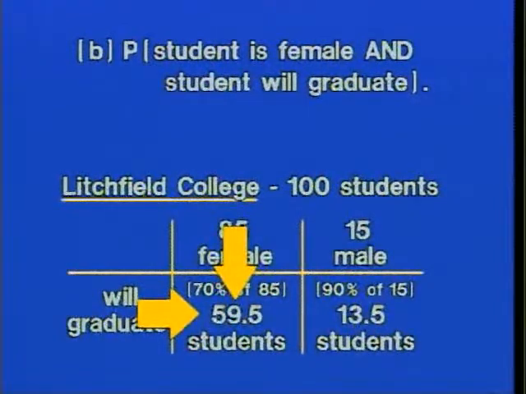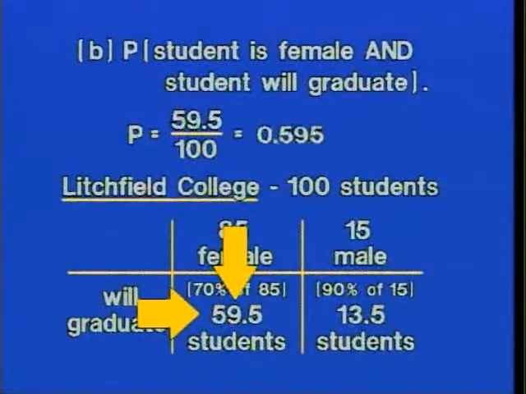And calculating the probability number as favorable outcomes over possible outcomes, 59.5 students will graduate that are female, out of the total of 100 students at the college. So the favorable outcomes over possible outcomes gives us the same result as we had before by multiplying percents.